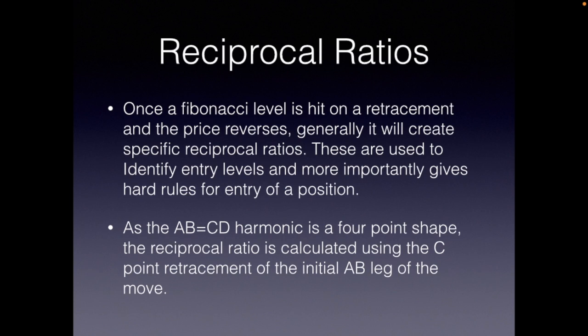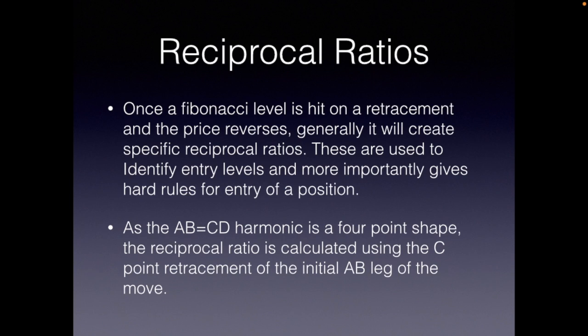As the ABCD harmonic is a 4-point shape, the reciprocal ratio is calculated using the C-point retracement of the initial AB leg of the move. So we're going to use the BC leg to get our reciprocal ratio.